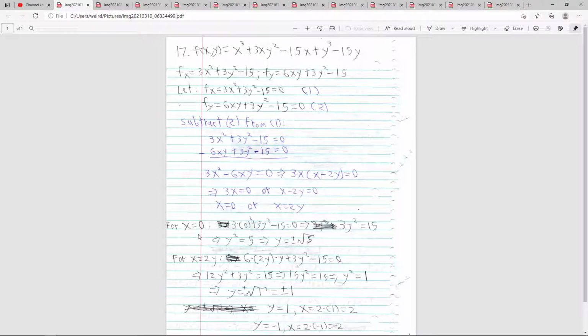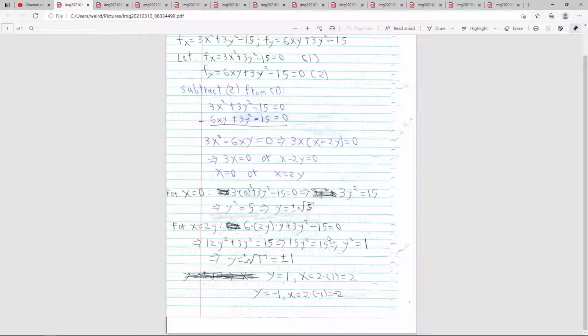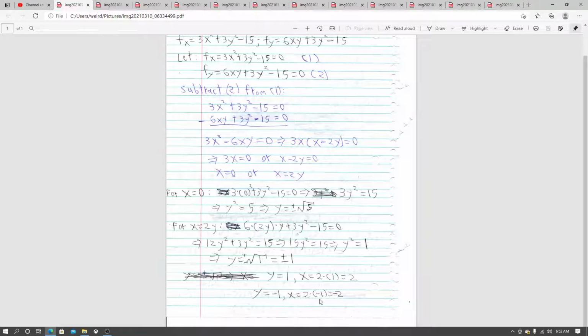So for x equals 0, you get y equals plus or minus square root of 5. Sound pretty good? Then for x equals 2y, you solve for y and you will get y squared equals 1 eventually, so y is equal to positive or negative 1. And that means that y equals 1, x equals 2, and y equals -1, x equals -2 are other solutions.